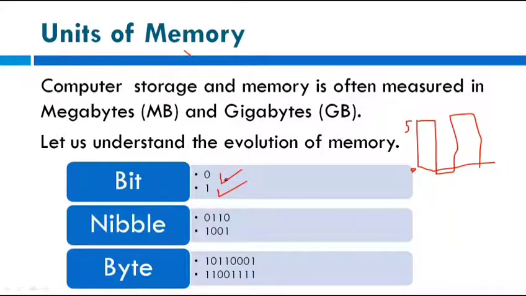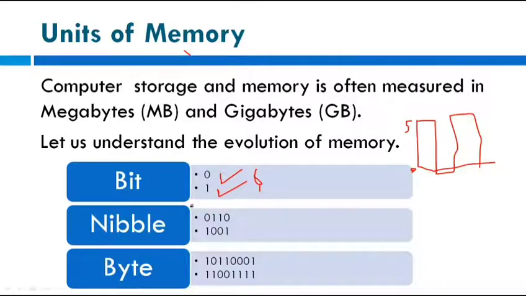So in other words, the system has been made to recognize high and low signals, and this high signal is nothing but 1 and the low signal is nothing but 0.